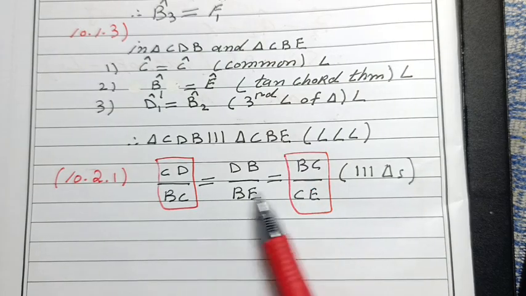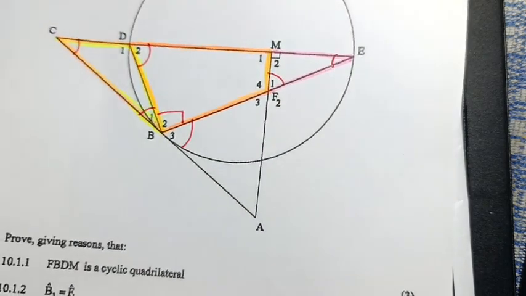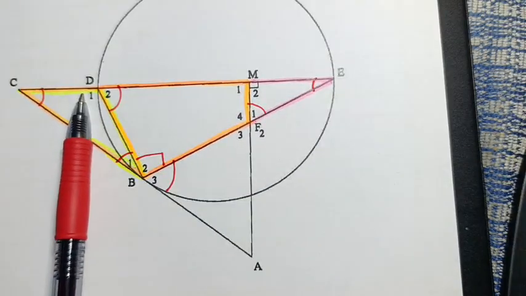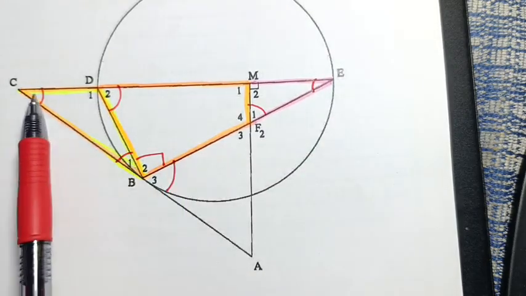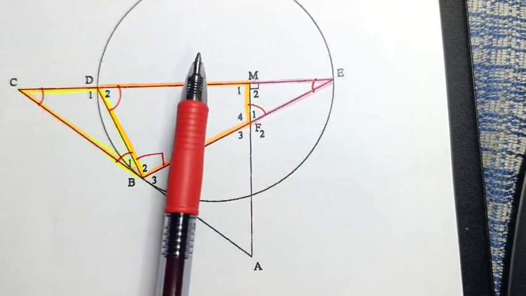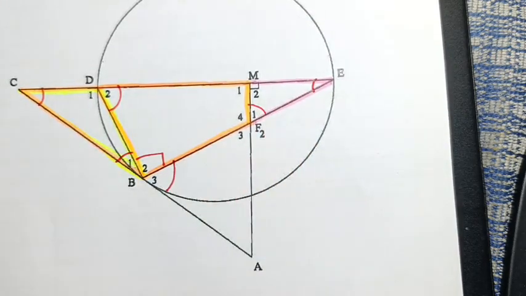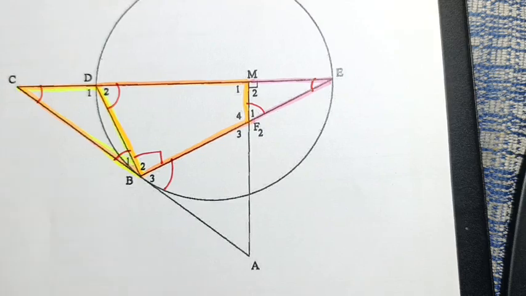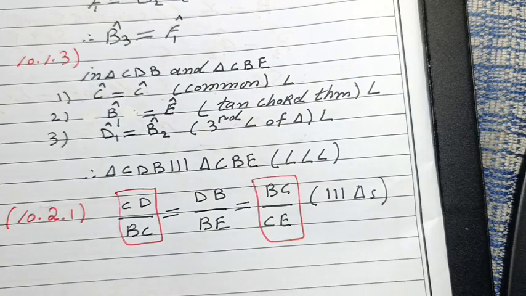Because we need to find BC, and we have CD and CE. CD we have 2 units, and DE we have 6, and the whole CE is going to be 6 plus 2, which is 8 units. That's why it's easy for me to use these two, because BC I need and CE and DC I have.